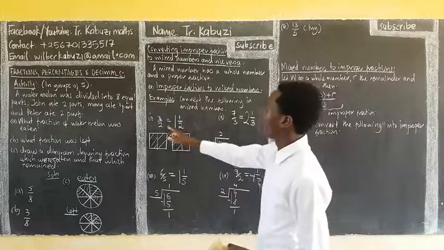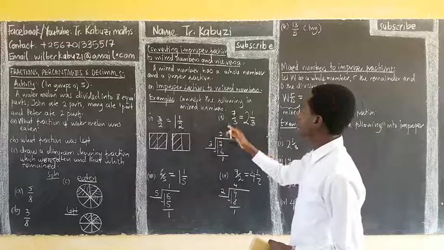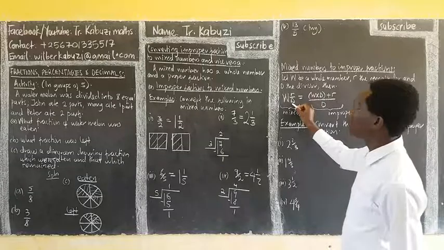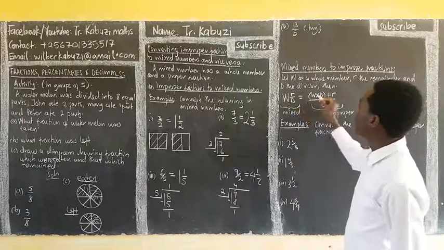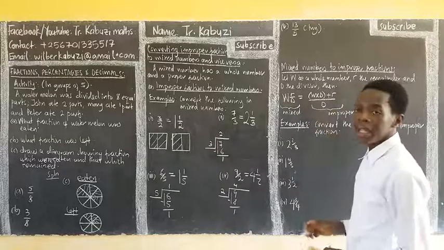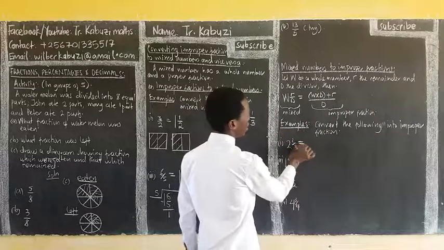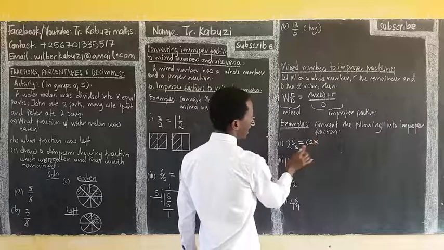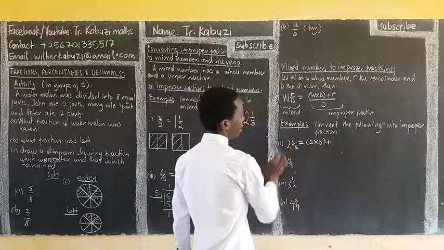So how do we want to convert from this to this? In this part, we are converting from improper to mixed. Now we want to come from mixed to improper. So what we do, we get the denominator or the divisor times the whole number here. Then we add the remainder over the denominator or the divisor. So let us apply it here and see. We get the whole number, which is 2, times the divisor, plus our remainder.